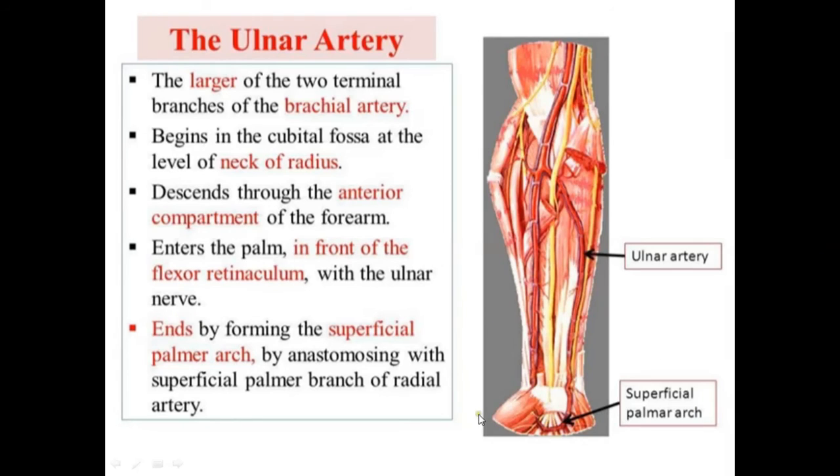Now the main arterial supply is through the ulnar artery. It is the larger terminal branch of the brachial artery, and it begins in the cubital fossa around the neck of the radius, descends anteriorly in the compartment more towards the medial side, and it is related with the ulnar nerve.